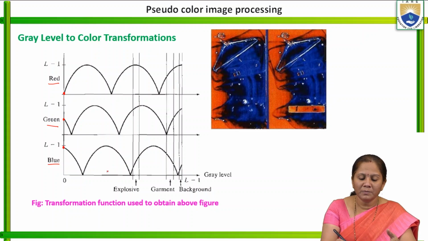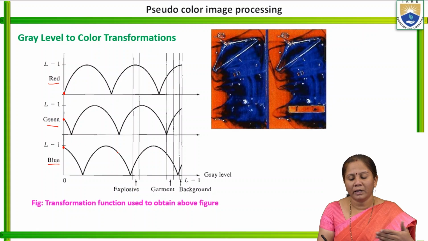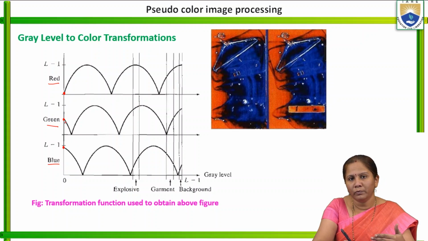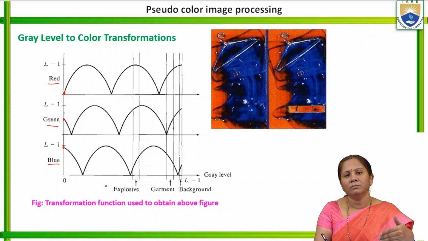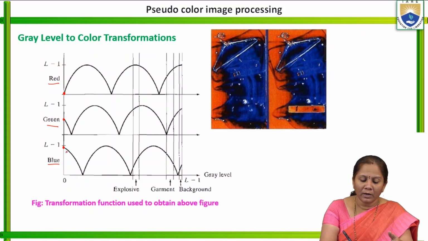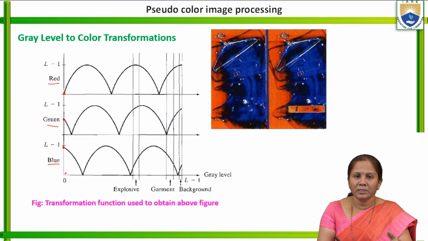If we observe all these three graphs, the red, green and blue transformations are not in phase. Green has some phase difference from red, and blue also has some phase difference. Why do we take this phase difference between the three transformations?